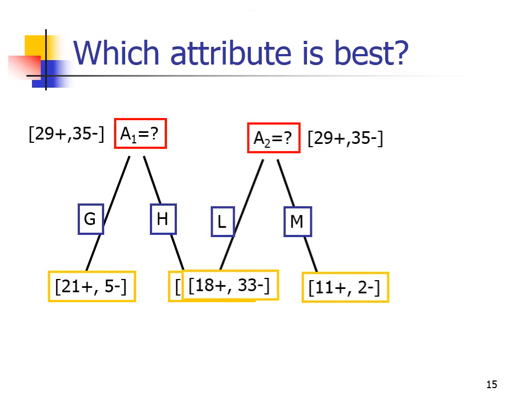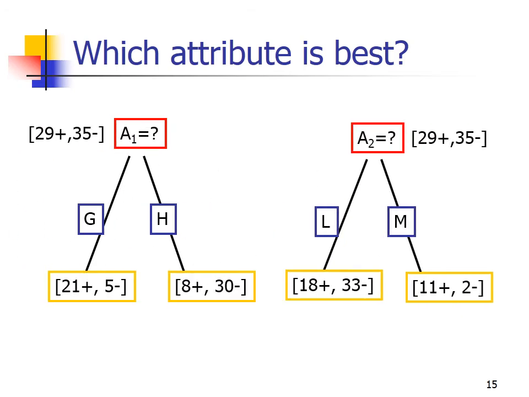Will the one with 29 plus 35 minus take the root node? Which one will take the child nodes? 21 plus 5 minus, or 8 plus 30 minus, or 18 plus 33 minus, or 11 plus 2 minus.